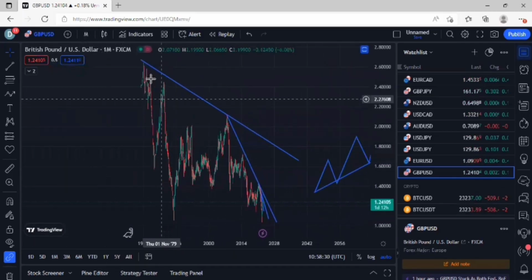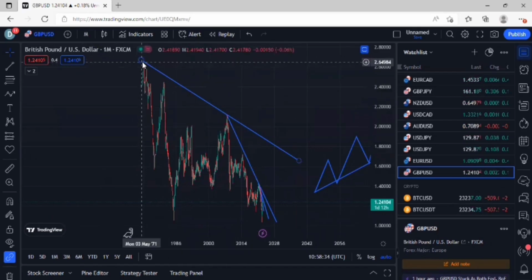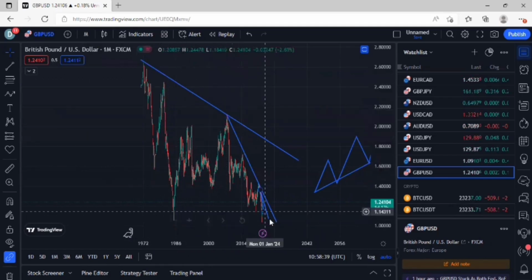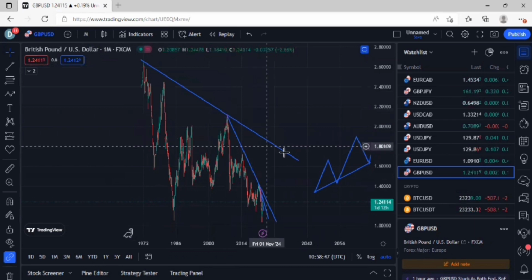So for a downtrend, make sure you pick at least 2 highs. That is lower high, lower lows, lower highs, lower lows, lower highs, lower lows. If you're able to pick at least 2, then you say you have started a trend. Then the third one confirms it.